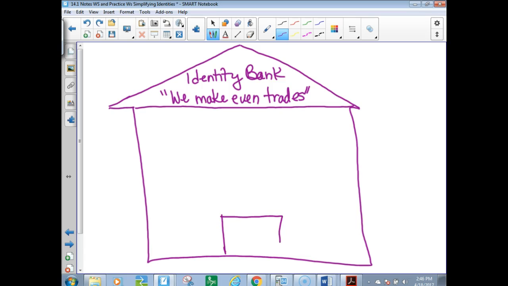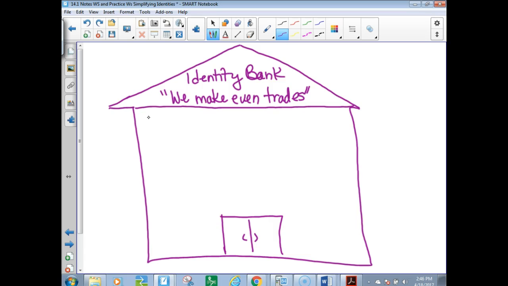So in this bank, we're going to go in and see what's in the bank and what we can trade things for. One thing that we've definitely learned is something about some reciprocal functions. When we first started the unit, we already knew about the sine, the cosine, and the tangent, but then I added on some new ones.